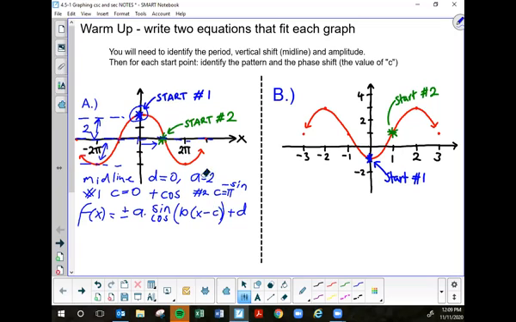Both of them have still got the same amplitude, so for both equations, this is going to be a 2. Both of them have got the same midline, so they're going to have the same vertical shift. And they're both the same wave, so they're both going to have the same period. They're both going to have the same value of B. But we've got to work out what that value of B is.